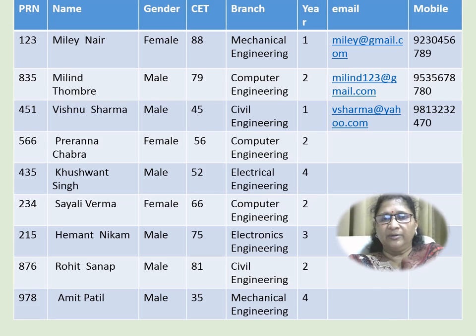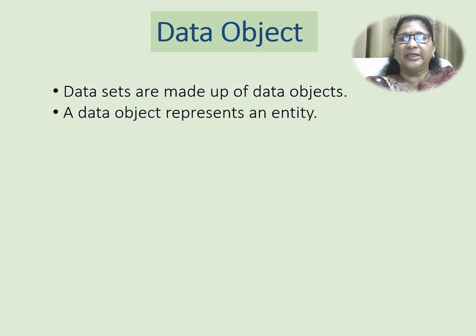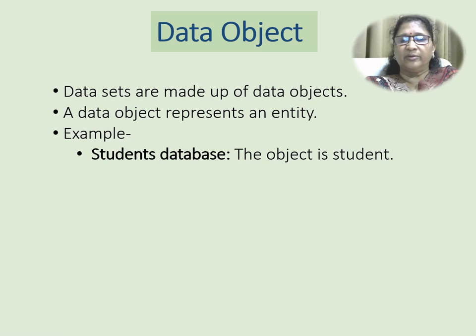In this table, we have some rows and we have some columns. The rows are nothing but the data objects. So, a group of data objects forms a data set. A data object represents an entity. One entity for one student's information in the earlier table we just studied.